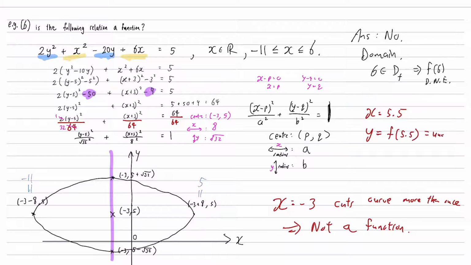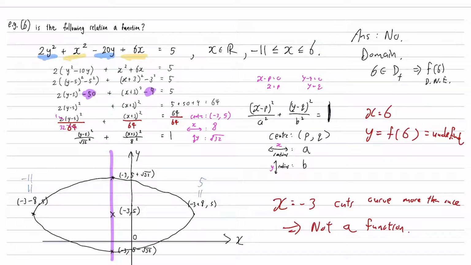This will be undefined because it's outside of the graph already. So that means that there exists an element in the domain such that f of that element is undefined. Let me show you why this is true. Actually, I don't use 5.5. I use 6 can already. As long as it's something that's beyond this x coordinate of 5. Here, it's possible because I have less than or equal to 6. So let's just use 6. Okay. F of 6 is undefined.